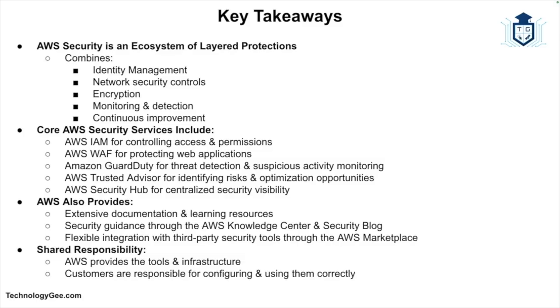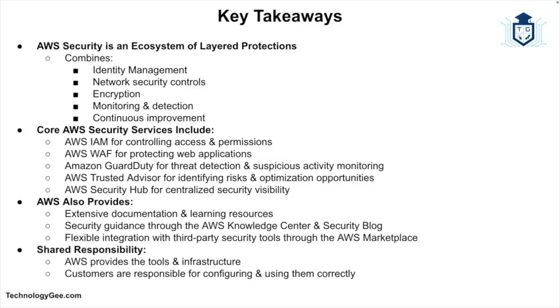You might be asked to lock down security groups to prevent unauthorized access. You might have to enable logging with CloudTrail for auditing purposes. You may have to review Trusted Advisor recommendations for potential risks, and you may have to deploy a web application firewall to protect a public-facing website. Now, these aren't theoretical tasks. These are actual real-world responsibilities, and the concepts you're learning for this exam directly map to those tasks.